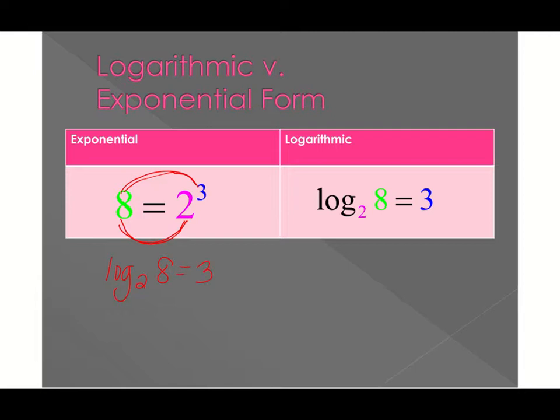We can see that these two are equal. Log base 2 of 8 equals 3 is the same thing as 2 to the third equals 8. Down and around. If we go down and around, we have 2 to the third equals 8. We see that they're equal, and going all the way up and around in that order gives us one form to the other.